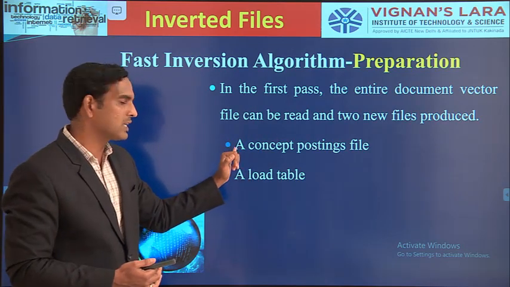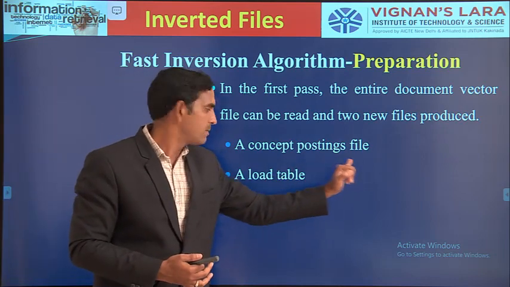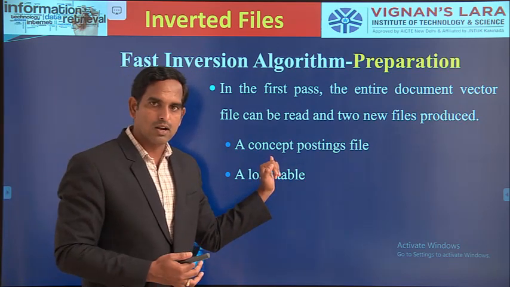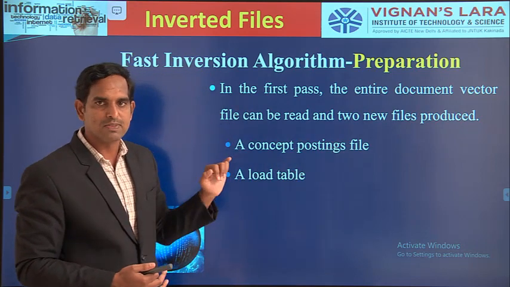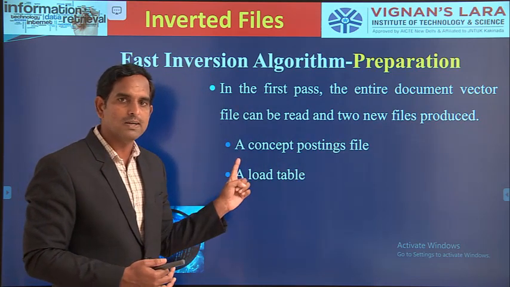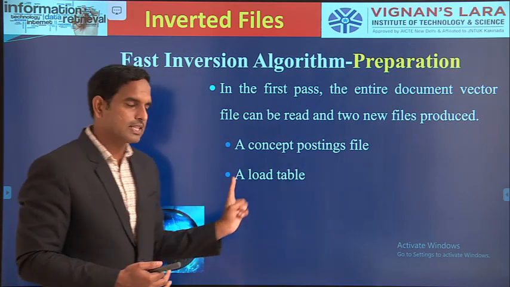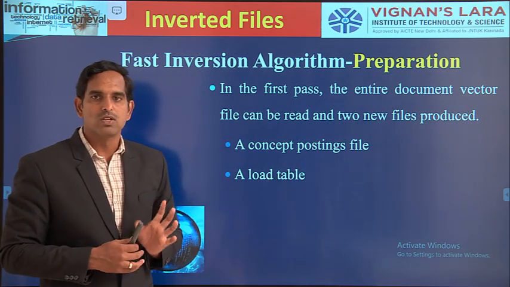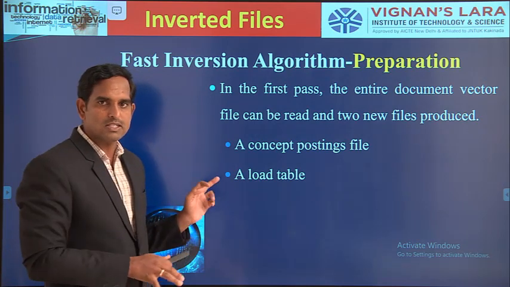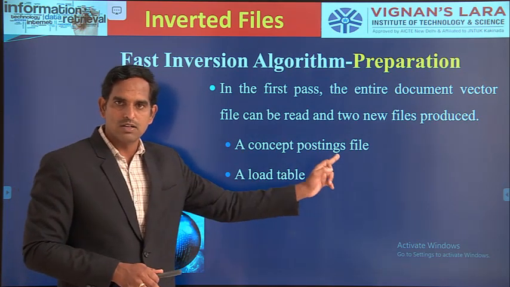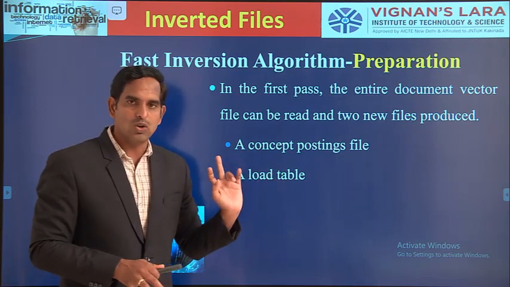Those files are the concept postings file, I think you remember the postings file from the previous methods, and the second one, a load table. So we create these two tables or formats: the first is the concepts file, the second is the load table.